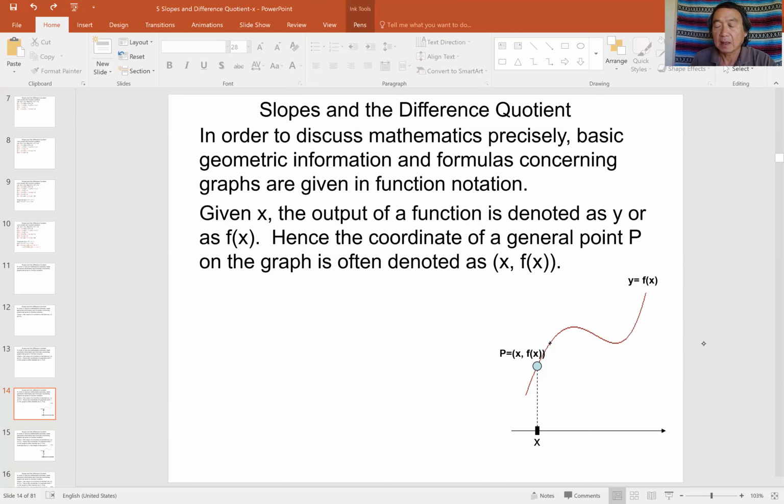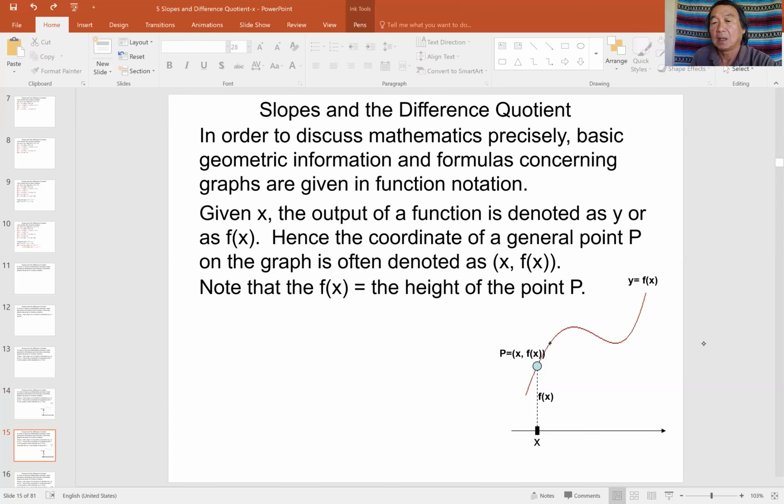This association between symbols and the pictures is extremely important: where the location is and how the coordinate of the point is notated. In particular, f of x is the y component, the height of the point.